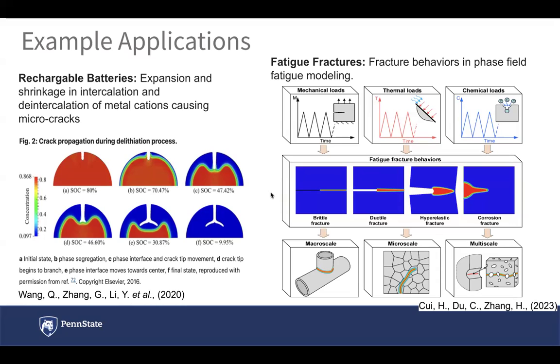This method is also used in fracture mechanics, so here in fatigue fractures, which is similar to our line crack problem. It can be expanded to incorporate thermal loads, chemical loads, and mechanical loads based on different pressures and temperatures. And then we can either solve these problems at a macro scale or down to the micro scale, or have a combo of the two.